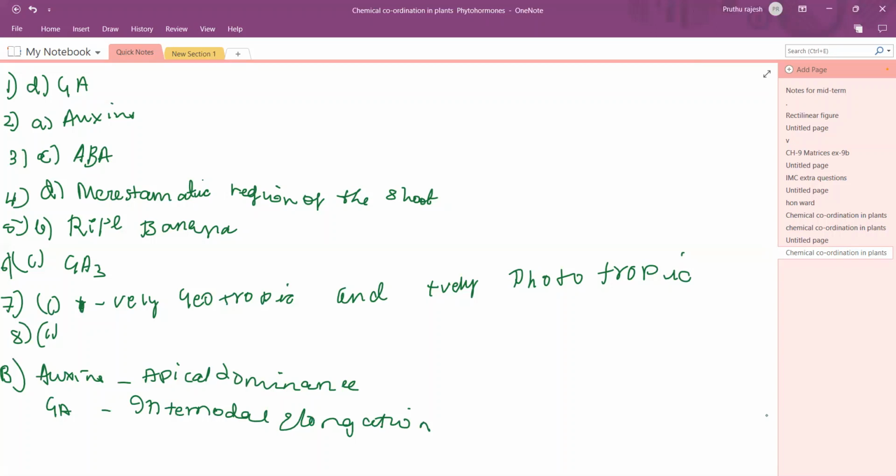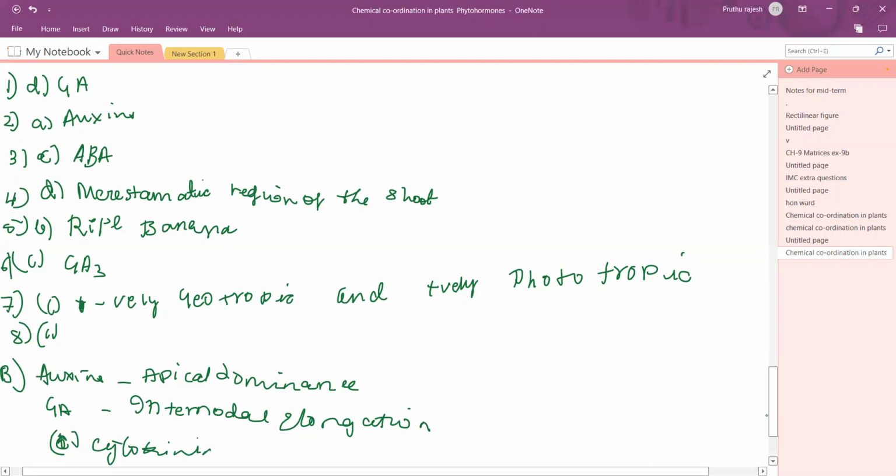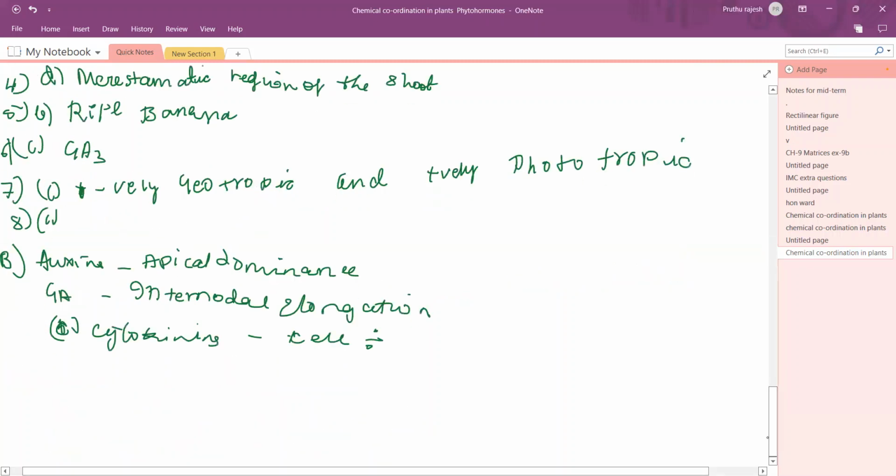It is actually cell division. We are left only with fruit ripening.